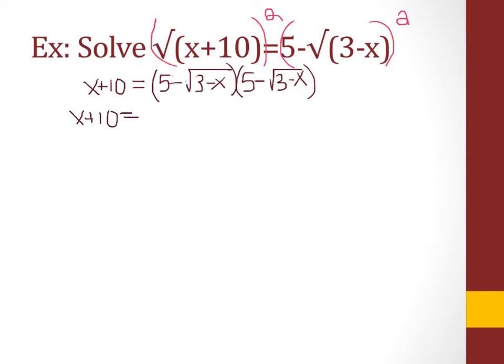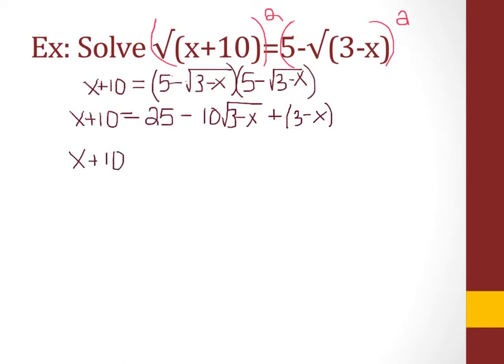Now when we FOIL that, we have 25 minus 10 square root of 3 minus x. When we take the square root times itself, remember that square root goes away. And look here, both of these signs are negative, so a negative times a negative is a positive 3 minus x. We can simplify on this right side.